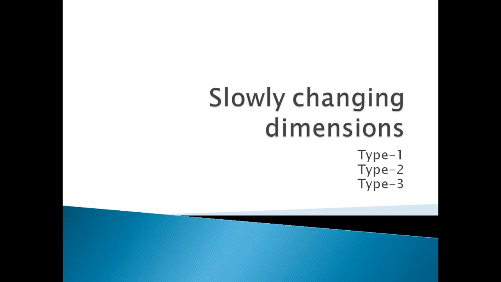Coming to slowly changing dimensions, these are some important topics inside your data warehousing concepts. This is a generalized topic that you can relate to your data warehouse and your database also. Let's see what slowly changing dimensions are and what the types are.